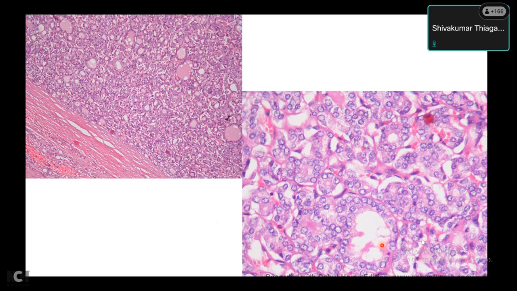So, I think it's easier said than done because we don't have this information with an FNAC. Now we have to take a call on how to treat this patient based on the clinical findings, the radiological findings, and the FNA findings.